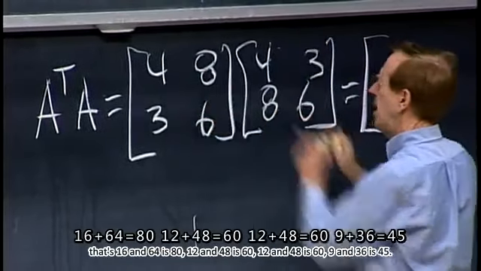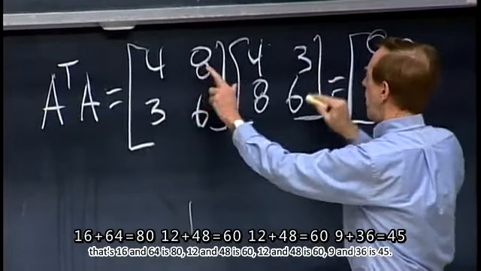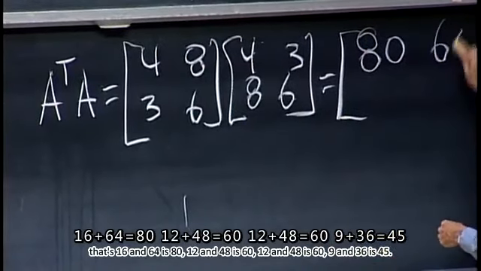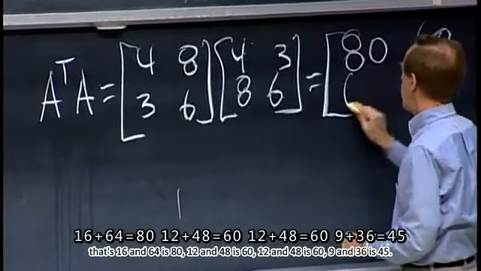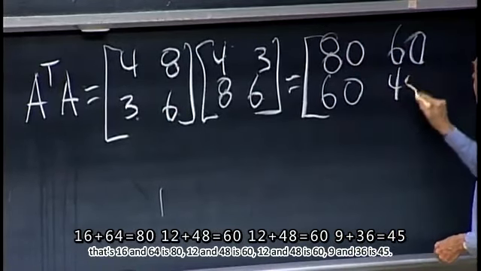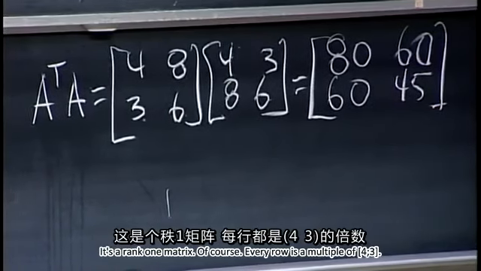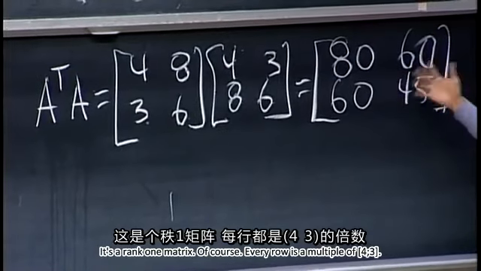That's 16 and 64 is 80. 12 and 48 is 60. 12 and 48 is 60. 9 and 36 is 45. It's a rank 1 matrix, of course. Every row is a multiple of 4, 3.